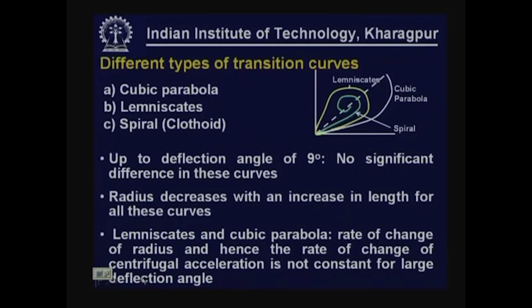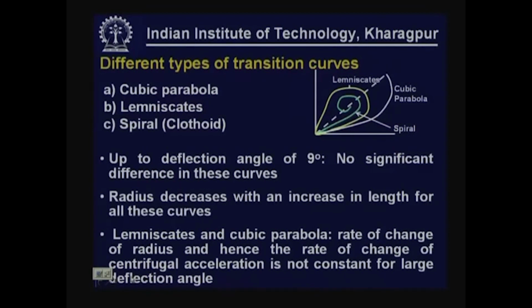Now, what do we mean by large deflection angle? Up to a deflection angle of 9 degrees, almost all three types of transition curves are very similar. So, for larger deflection angles, for the first two types of transition curves, the rate of change of radius and hence the rate of change of centrifugal acceleration is not constant.